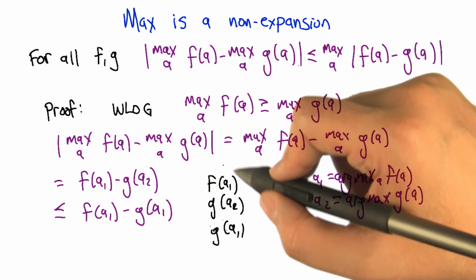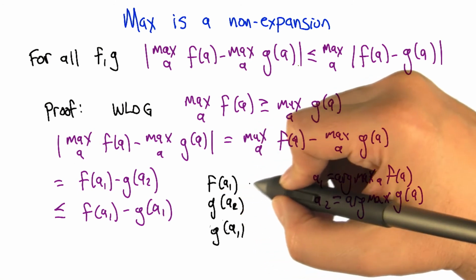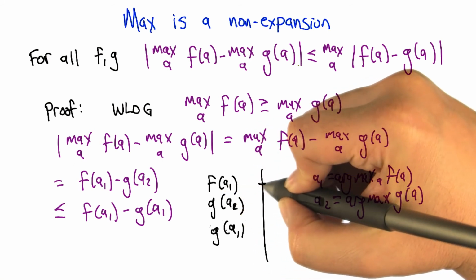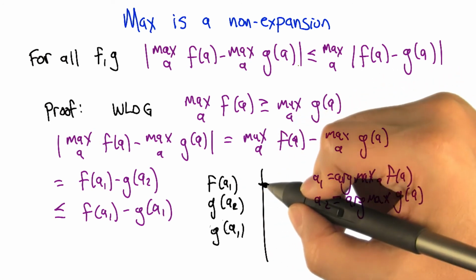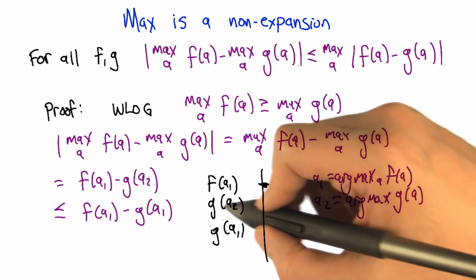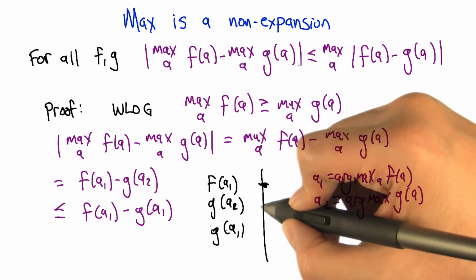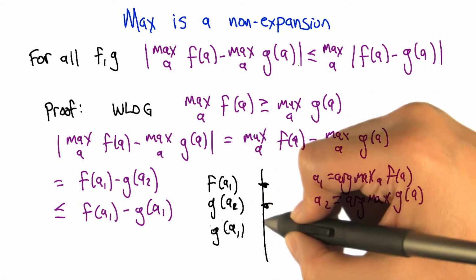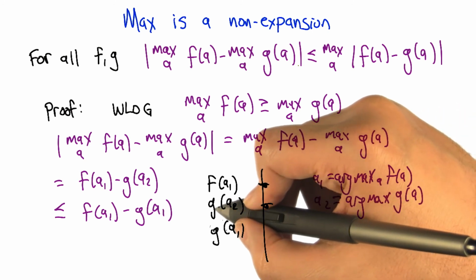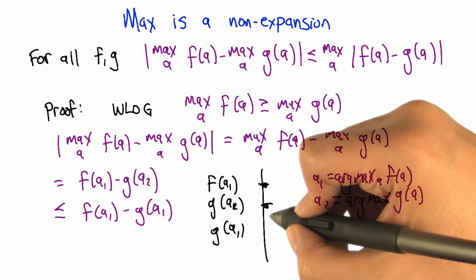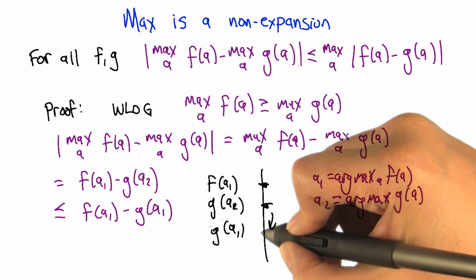Because of our without loss of generality statement, if we think of this as a number line, the f value at a1 is the largest thing of all. It is the king. The g value at a2 is some other large value, but not as large as f of a1. So if we switch from g(a2) to g(a1), we have to be going down, or at least not up.